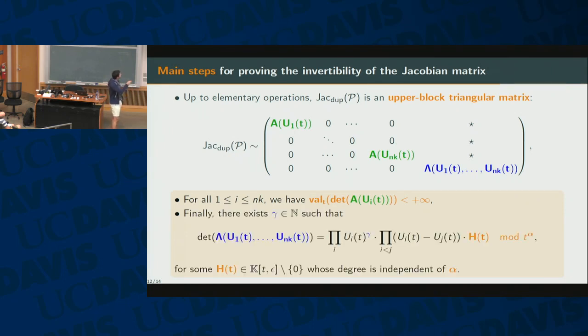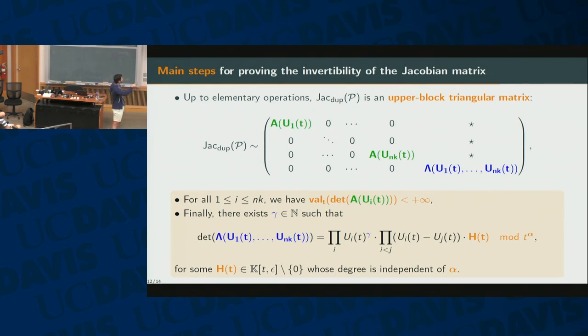And in the second case, we show that the determinant of the blue matrix factors mod T to the alpha with this beautiful form. So we have a Vandermonde determinant. As we know that all the UIs are distinct, then it will be non-zero.